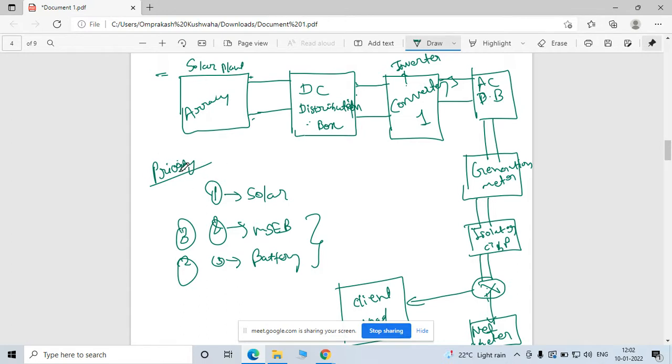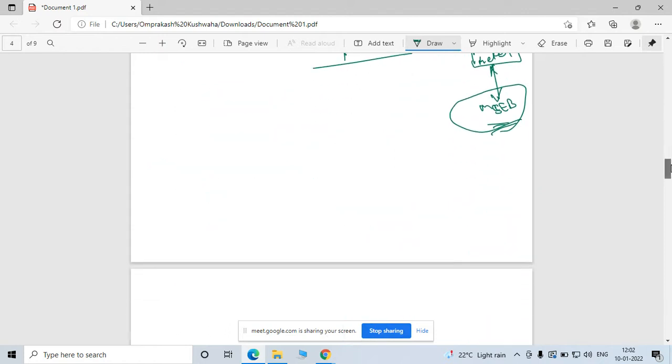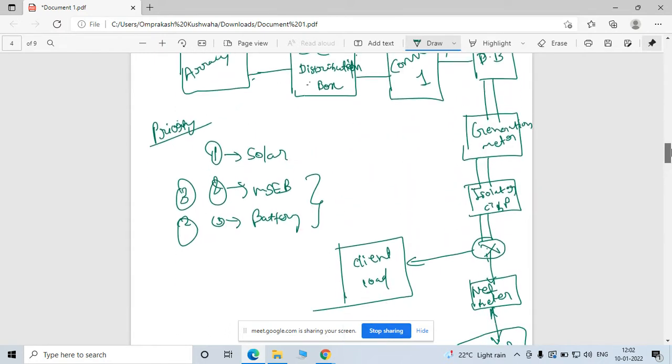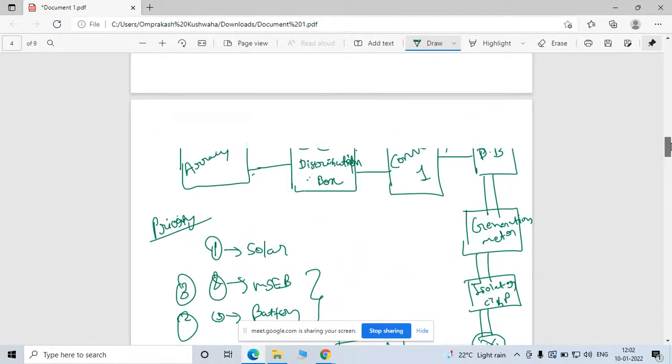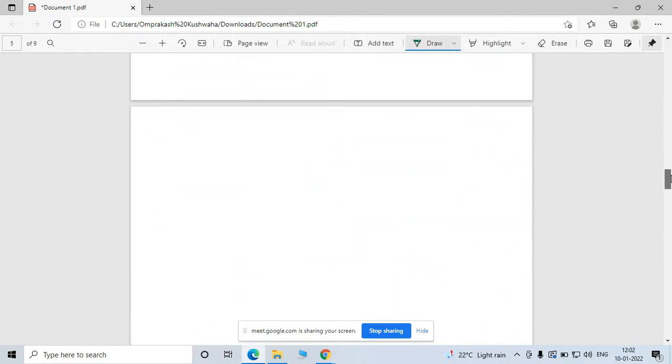So this is the single-line diagram for this solar power plant.